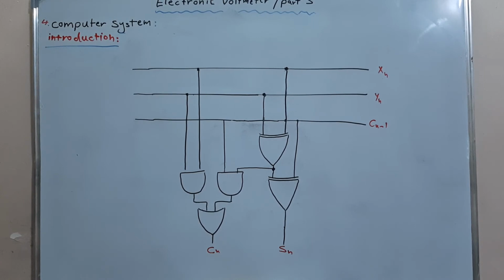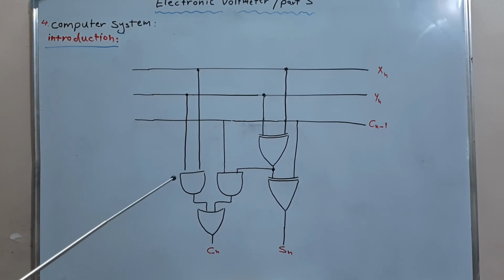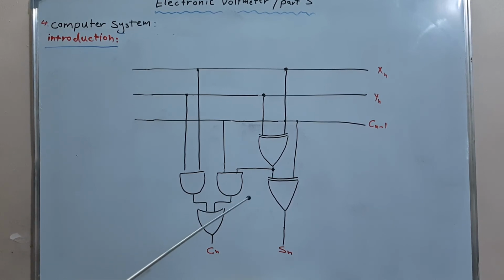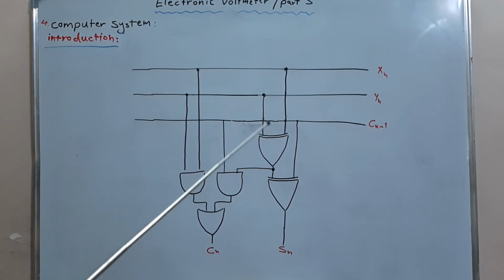The other part of the multiplier circuit is the adder. This diagram is showing the circuit of a 2-bit adder. It's basically composed of 2 XOR gates, 2 AND gates, and 1 OR gate. They are all connected to each other as this diagram shows. It has 3 input ports and 2 output ports.